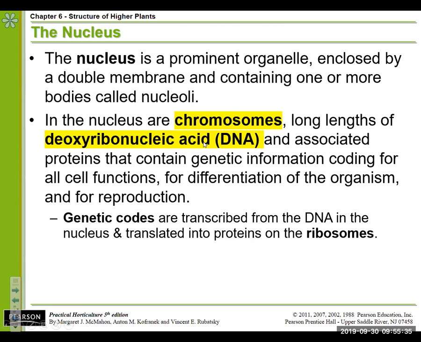Genes are the subunit on the chromosome, and the genes are transcribed from the DNA to say this is what that plant is and what it's going to look like.